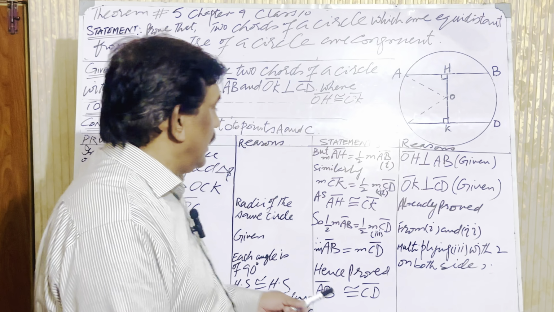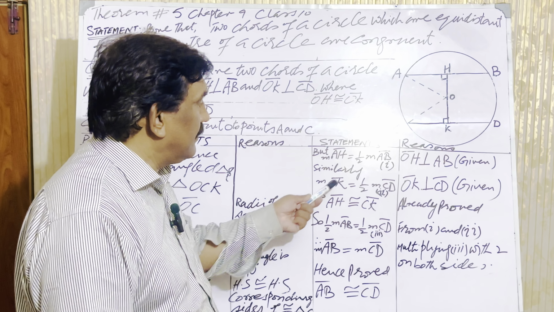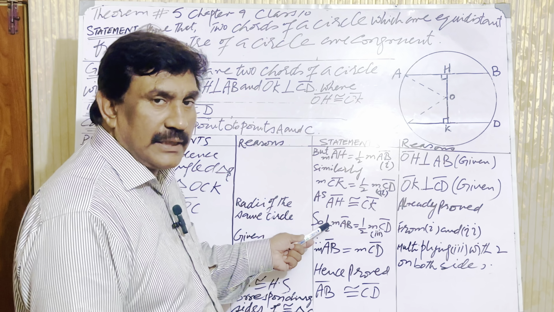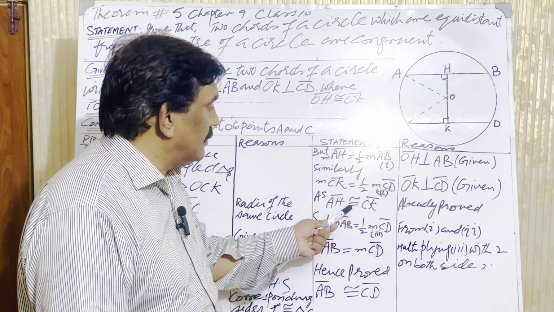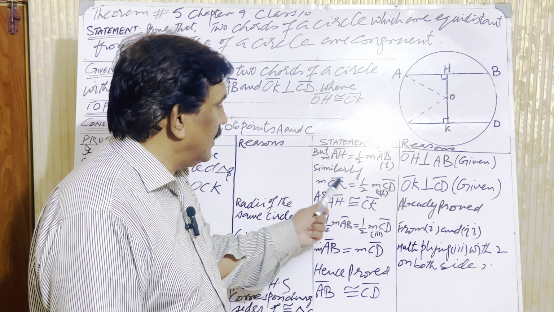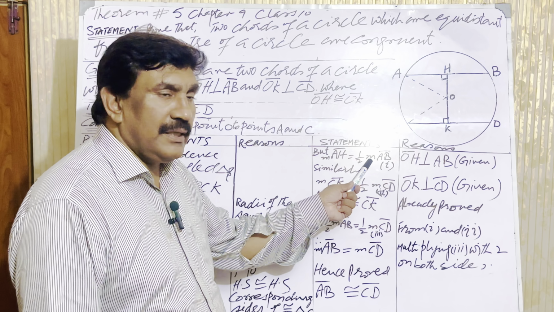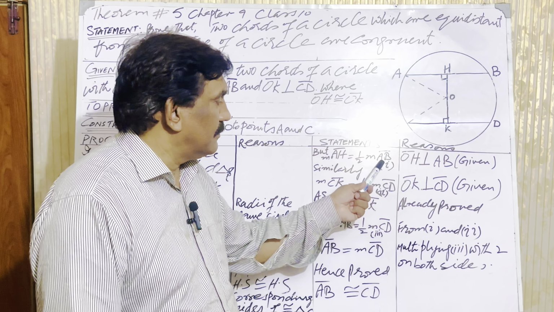Instead of AH, I have written half AB, with the congruent sign. Then instead of CK, I have written half CD. This means half AB and half CD, from 1 and 2.